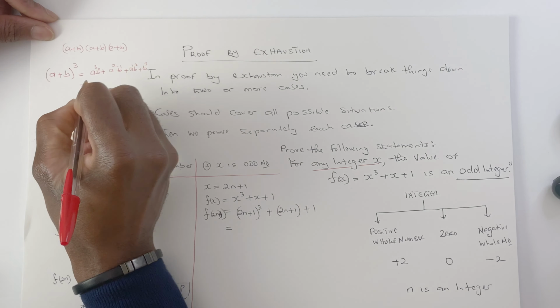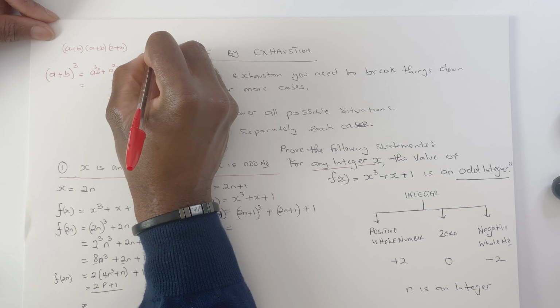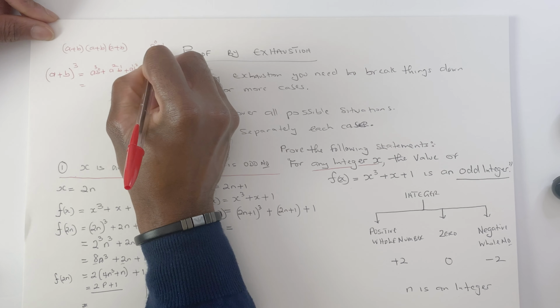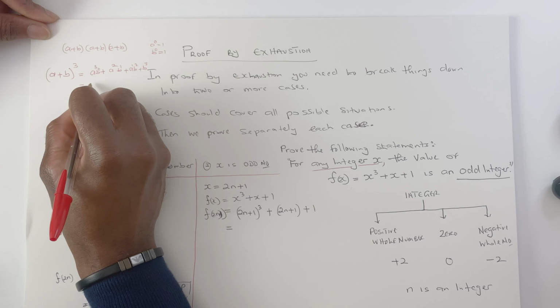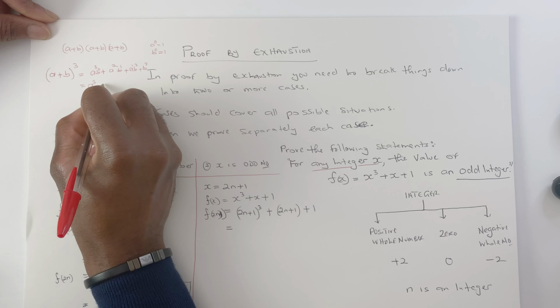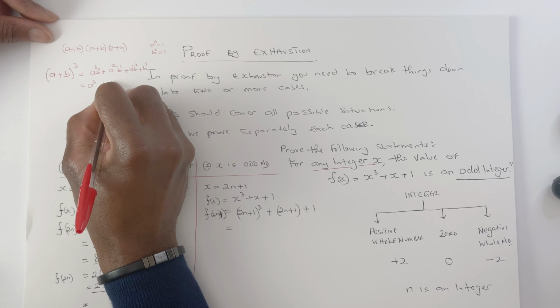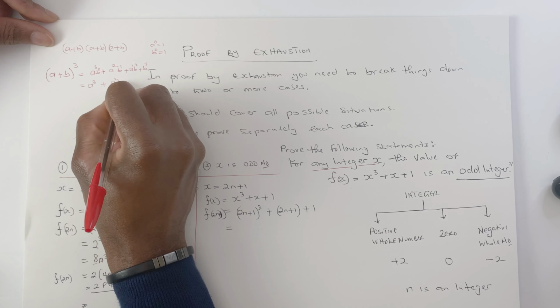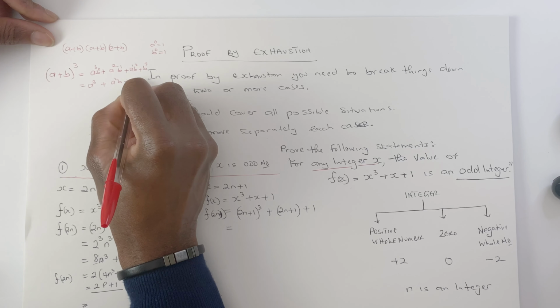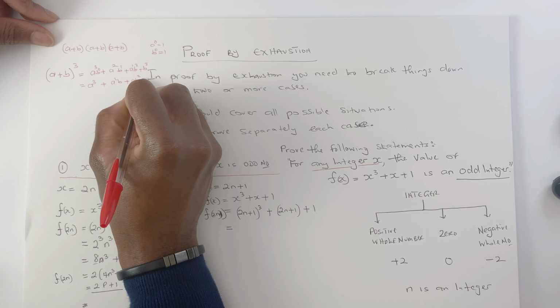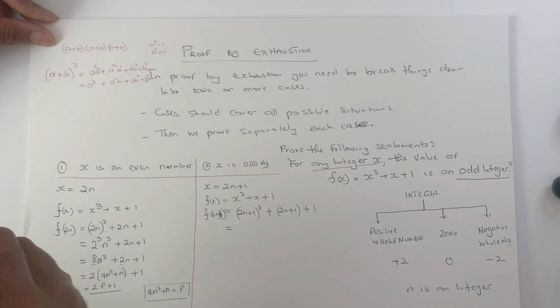So a to the power of 0 is 1, b to the power of 0 is 1. So that would be a cubed plus a squared b plus a b squared plus b cubed.